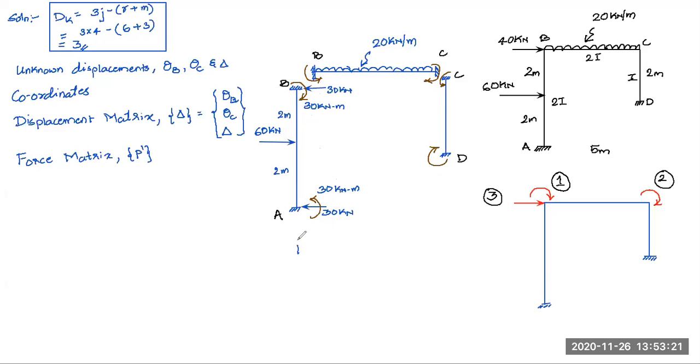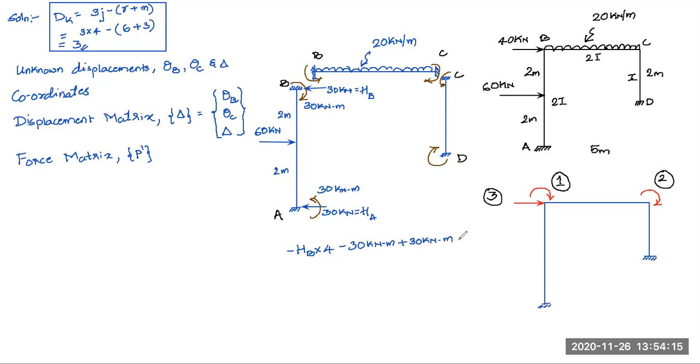See, if I call them HA and HB, this is HA and this is HB, the two reactions at the joints A and B. If I take moment of all the forces about joint A for determining the reactions, then HB into 4 is anti-clockwise, for the direction I have assumed, minus this 30 kilonewton meter moment which is directly at A. Then there is one more moment at B, in clockwise direction, plus 30 kilonewton meter.